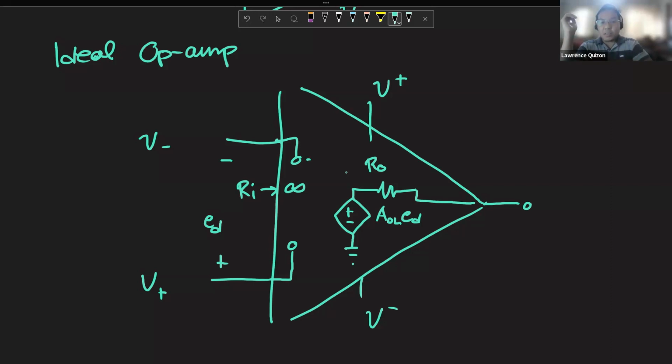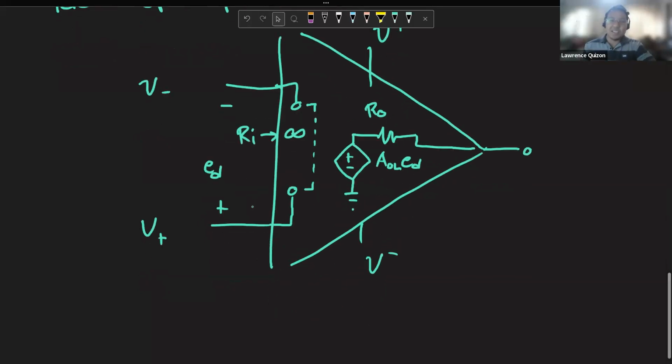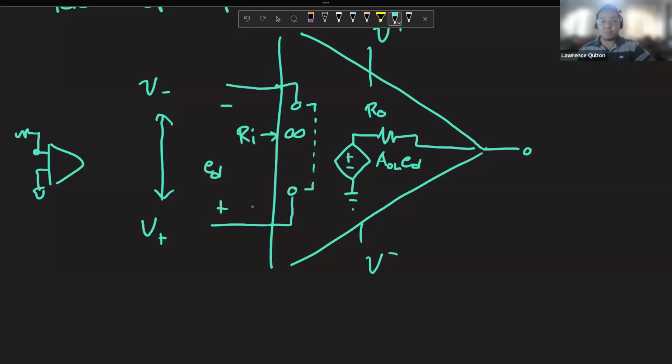I like to call it, to be honest, a short na open, essentially, no? Kasi, naka-short itong dalawang to because typically, in the feedback setup, equal yung dalawang input ng op-amp, right? Remember the feedback setup? Kapag in-round natin to, this is also 0 volts, right? So, naka-short siya. Kaso, walang current.